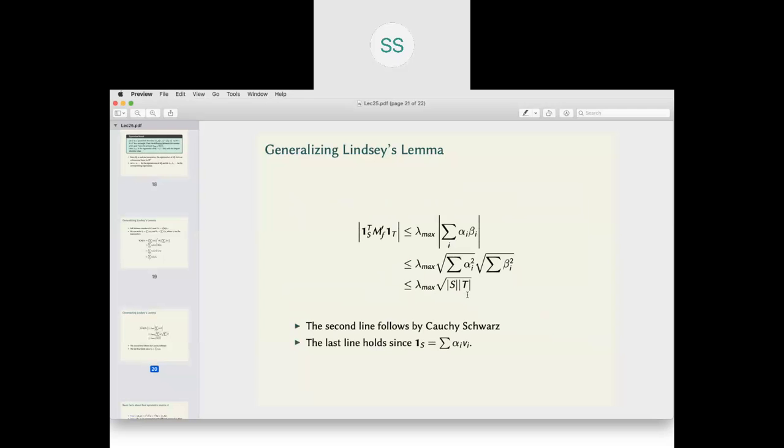So this can be used for similar applications, like, for instance, the inner product bound that we saw, which used Lindsey's lemma. However, this technique requires you to use the uniform distribution.